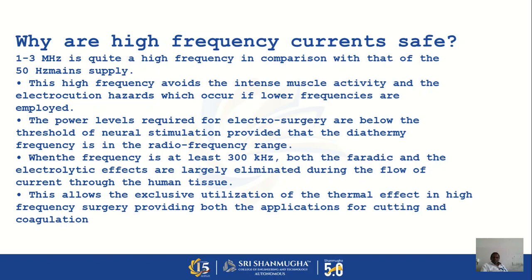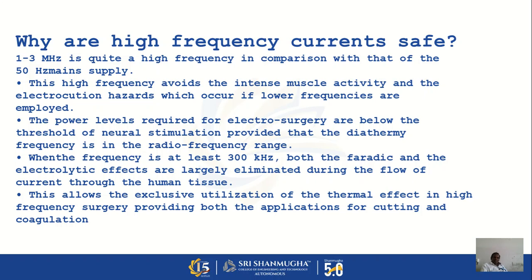The first title we are explaining is why we are using the high frequency currents, whether it is safe or not. The current we are using in diathermy is 1 to 3 megahertz. It is a high frequency. How high it is, we can compare with the frequency of current we use in our domestic applications.